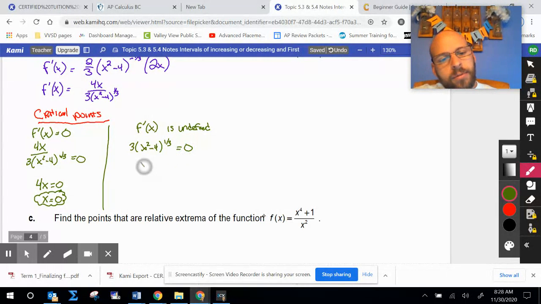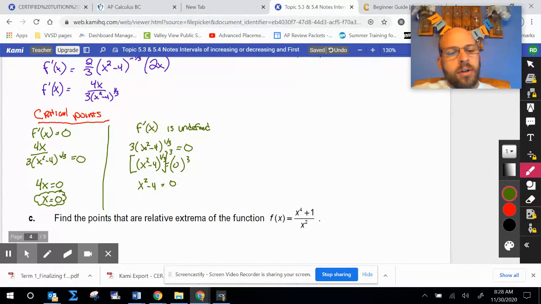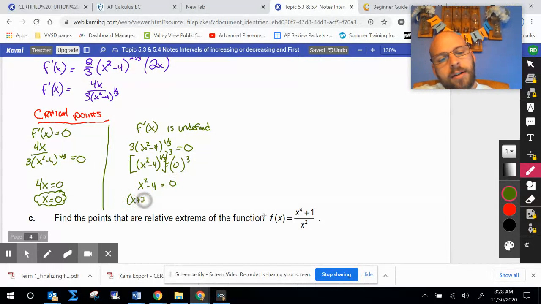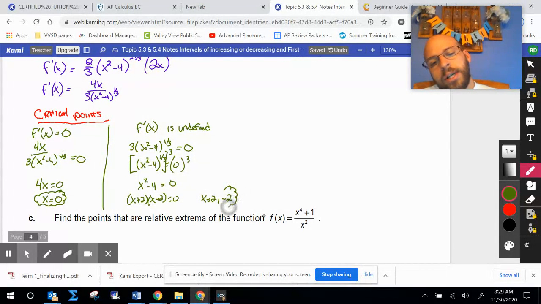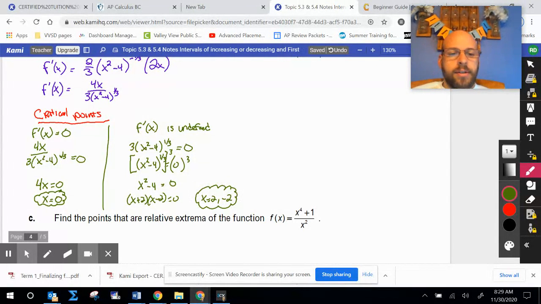Dividing by the 3 doesn't really change too much. To get rid of the 1/3 power, you can cube both sides, but that doesn't change too much. I just have x squared minus 4, since 0 cubed is still 0. I can factor that, x plus 2, x minus 2, and I know x has to equal 2 and negative 2. So I have 3 critical points.